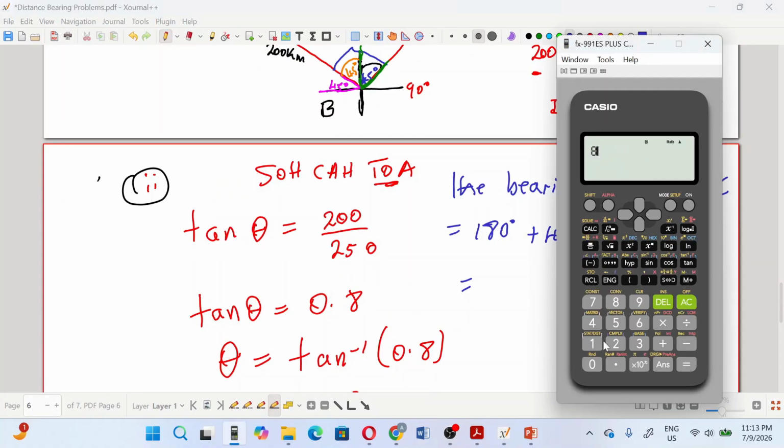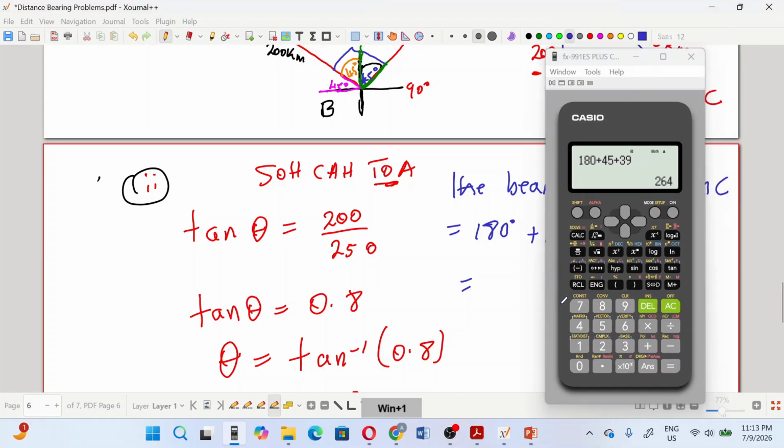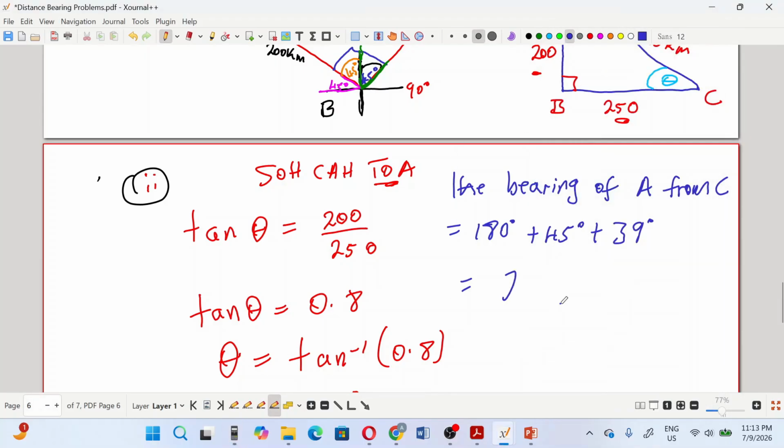So we have 180 plus 45 plus the 39 that we just found, which is going to be 264 degrees. So we now have 264 degrees, right?